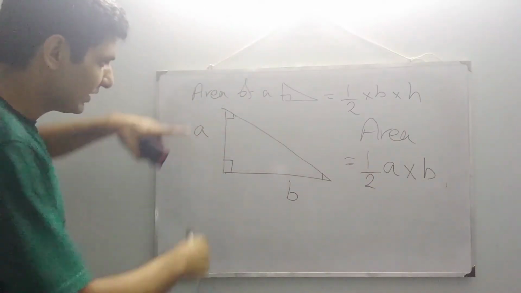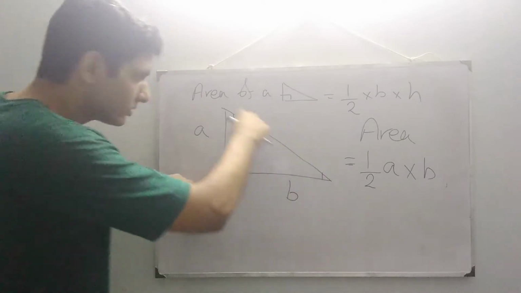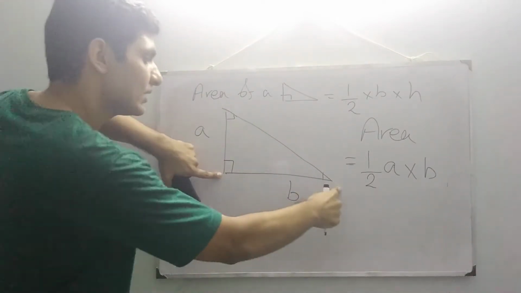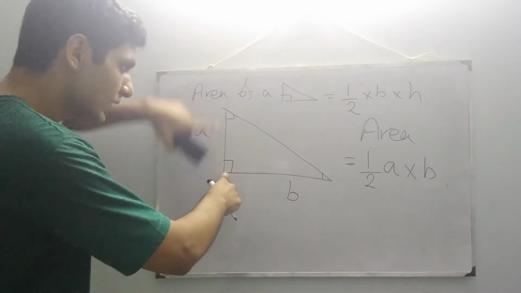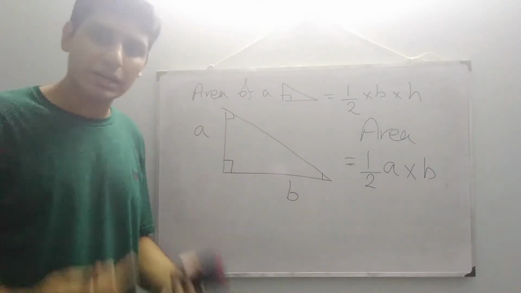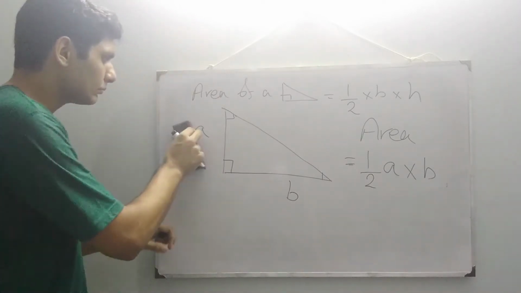And notice that the height is the perpendicular distance from the base to the opposite edge. If I take this to be the base, then the height again is the perpendicular distance from the base to the opposite edge. And it'll become clear in a moment why I'm describing height in this way.